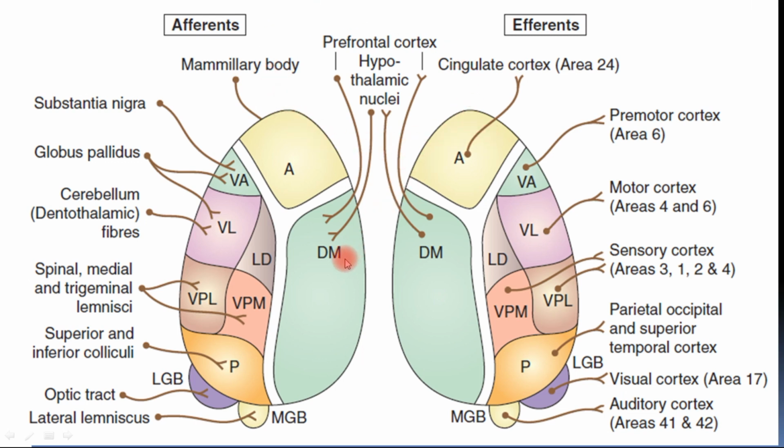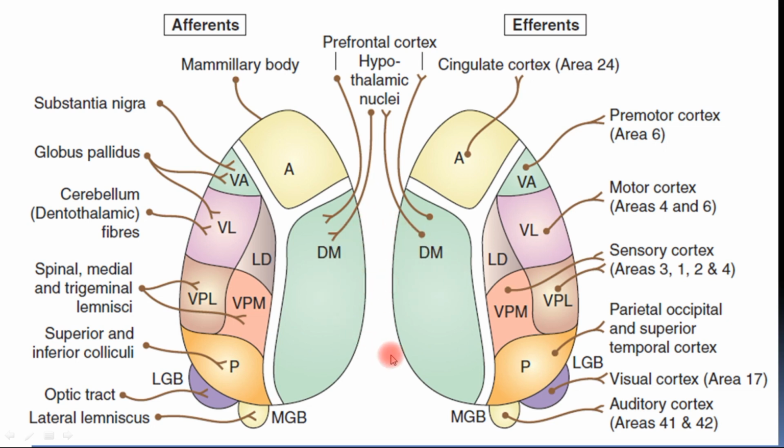Then comes the dorsal medial nucleus, which receives signal from the prefrontal cortex and the hypothalamic nuclei, and then sends them back to the same regions, the hypothalamic nuclei and the prefrontal cortex, and thus helps in the planning and thinking process in the brain.